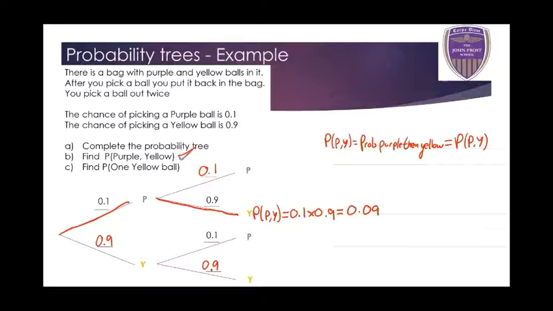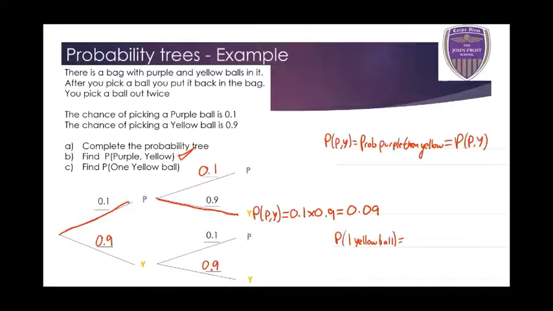And then the second part now, we need to find the probability of one yellow ball. Now we need to imagine all the outcomes where we pick only one yellow ball. We have to do both events, but after we've picked a ball out 2 times, we only have one yellow ball.